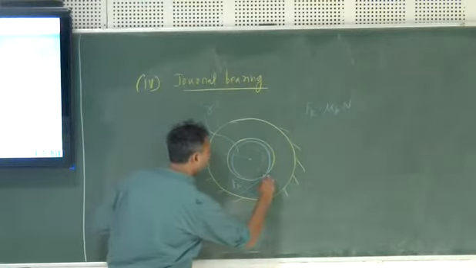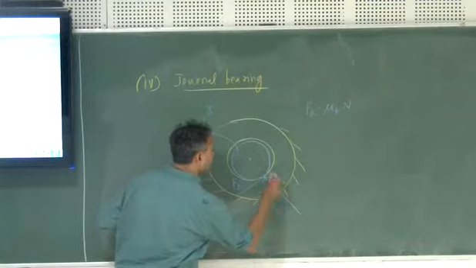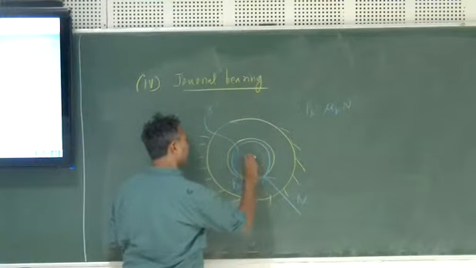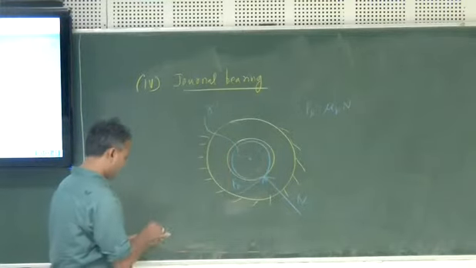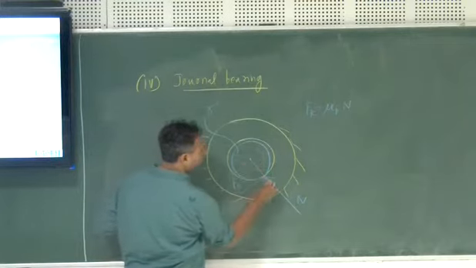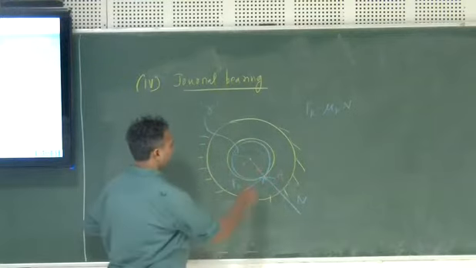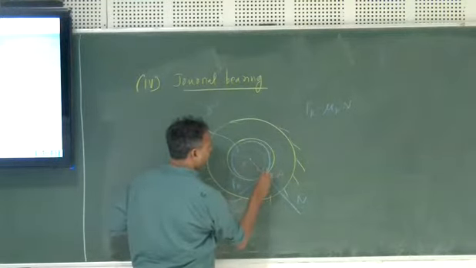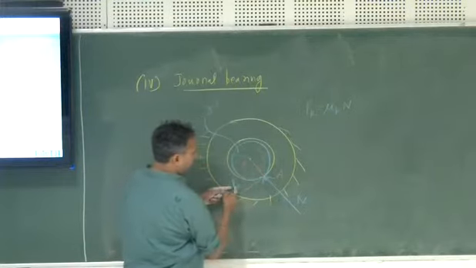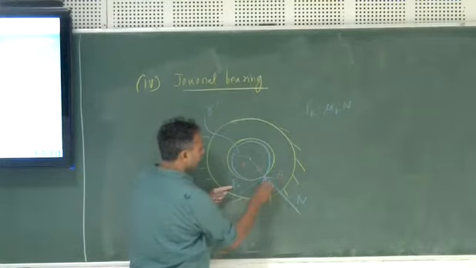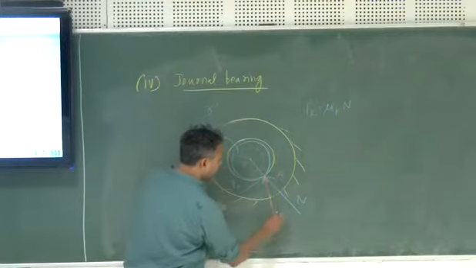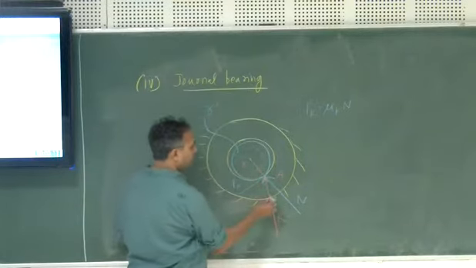Now what will be N? N will be something like this, which will pass through the center of this particular shaft. Now, this is your radius r at the point of contact A. Let's assume that this is Fk and this is N, then the resultant of these will be, let's say, your resultant R. So what should be this angle?